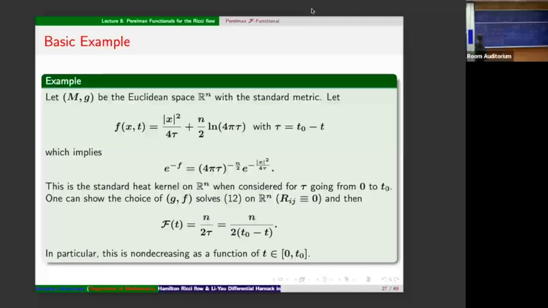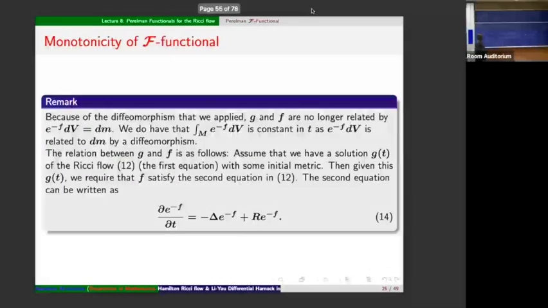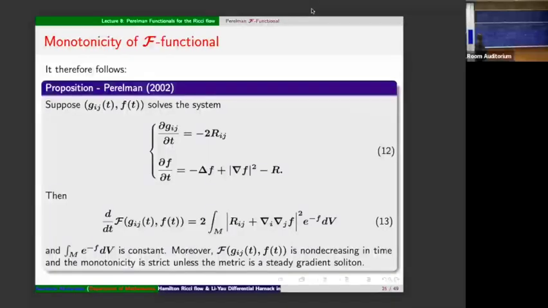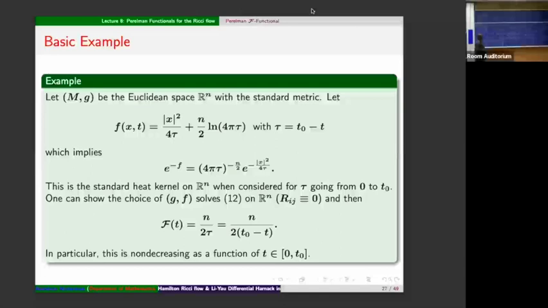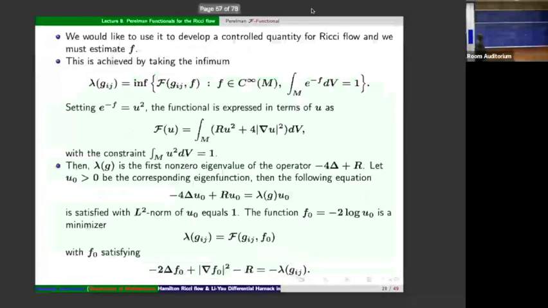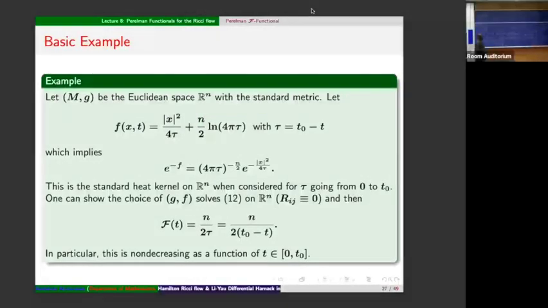One can show that if g and f solve the two equations, that is, g solves the first equation and f solves this equation, then in fact we can show this with this example. On R^n, the Ricci curvature is flat, equal to 0, so it will not appear because R^n is a flat manifold.